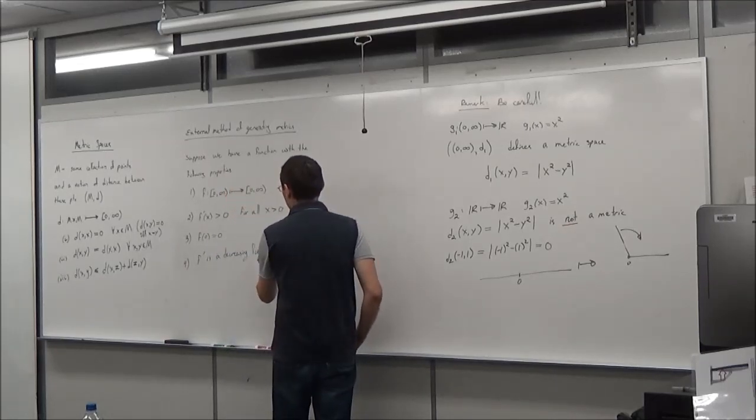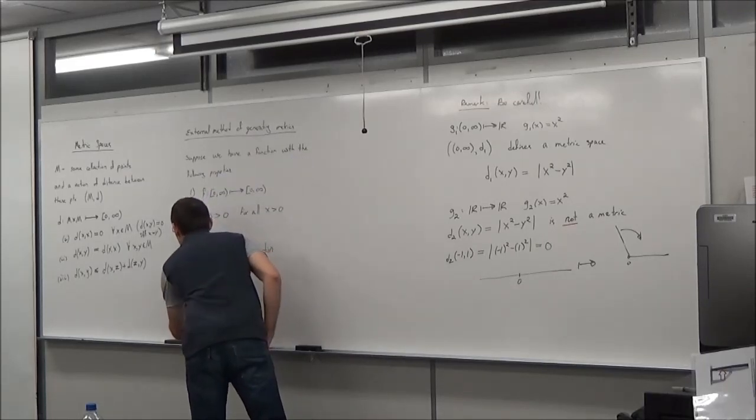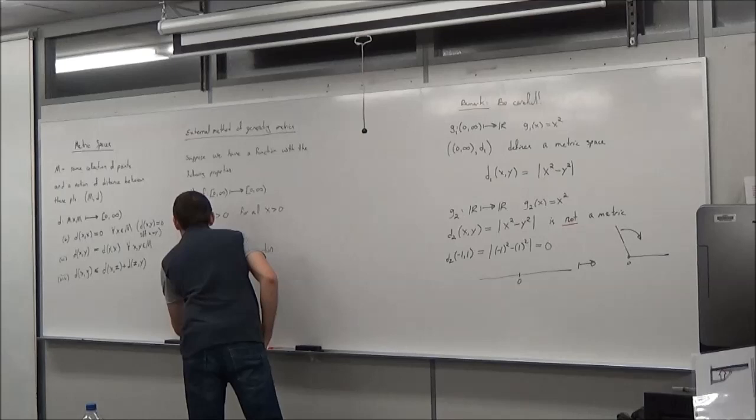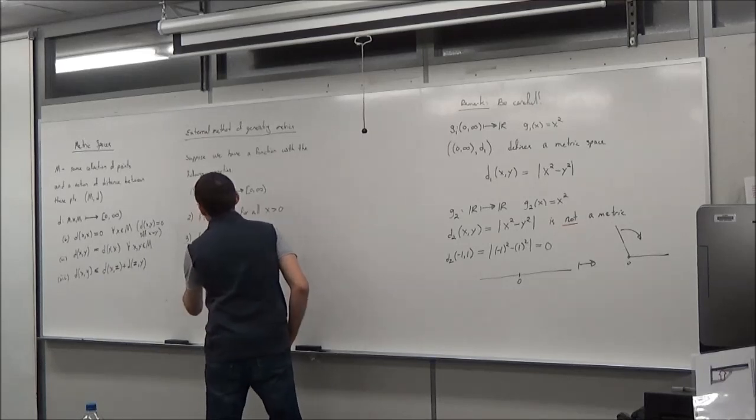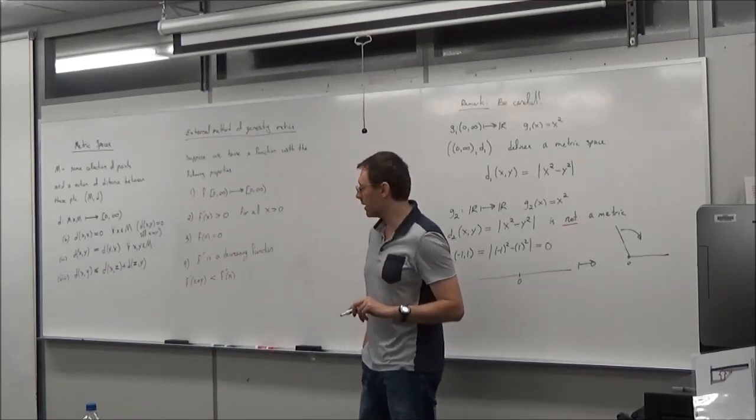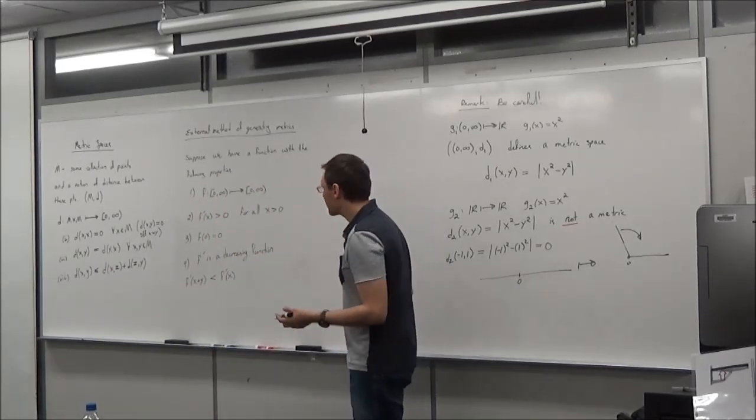So it's a decreasing function, and that is to say that f prime of x plus y is going to be smaller than f prime of x. Again, x and y are positive numbers. Okay? It's decreasing.